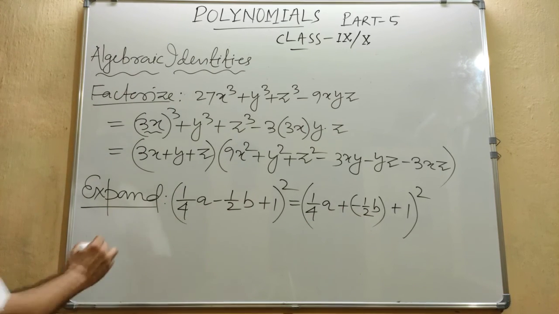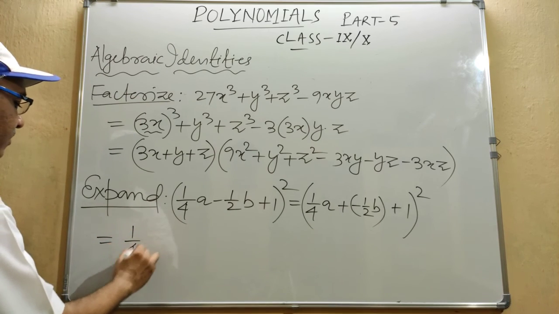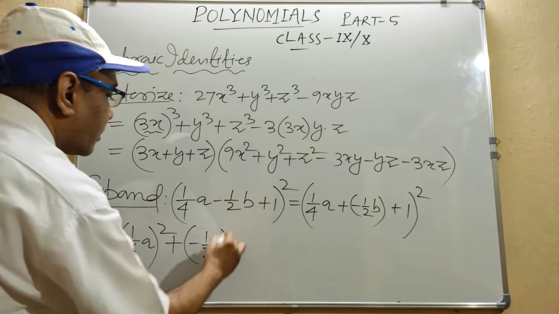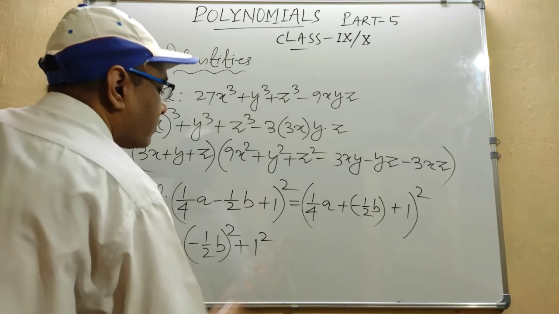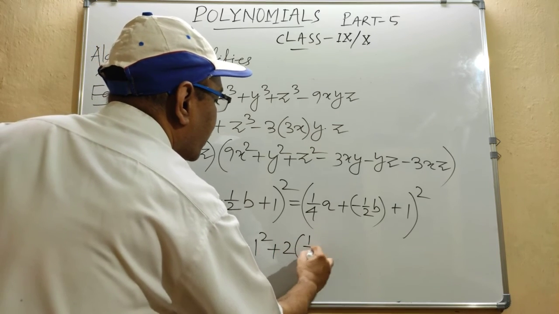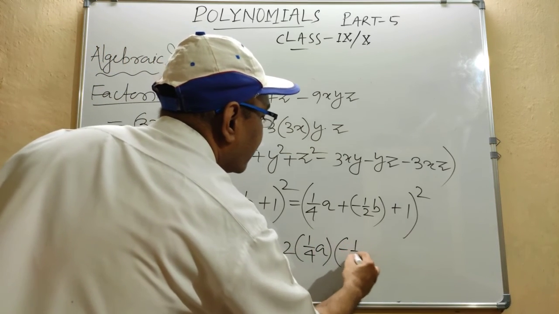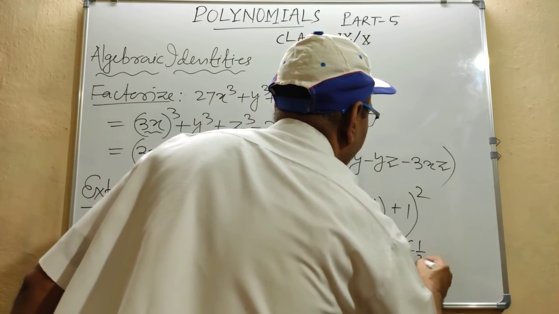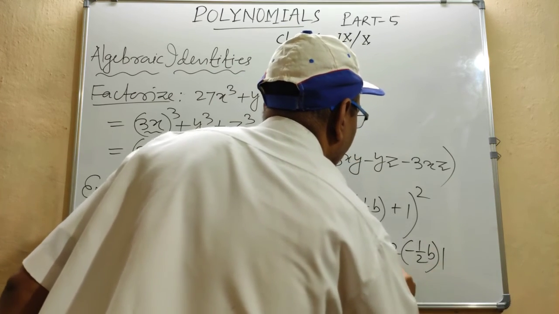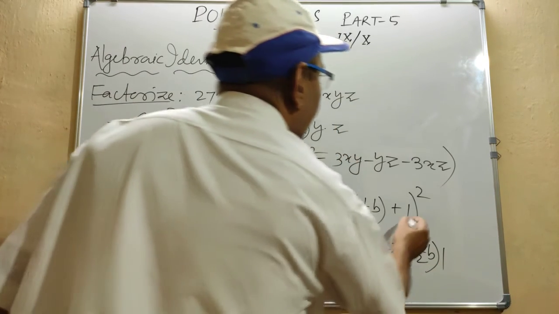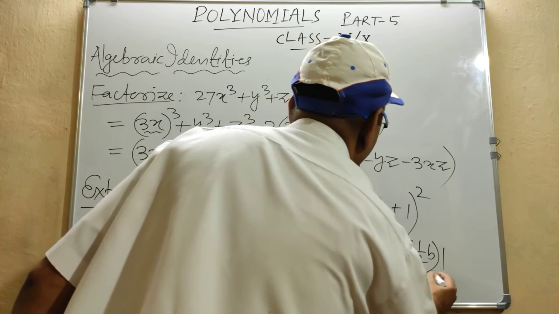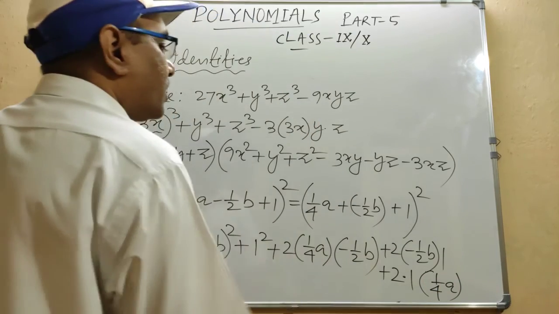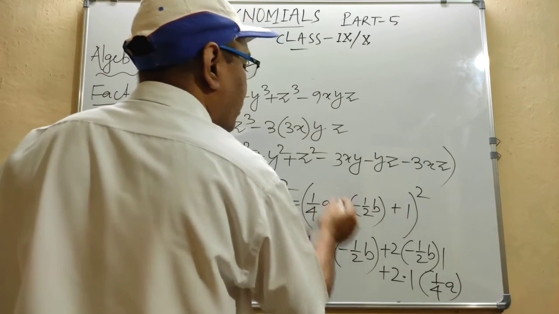So use a plus b plus c whole square. a square, this is a square, plus b square, this is b its square, plus c square plus 2ab, 2 into a into b, देखिए ये हो गया 2ab प्लस 2bc, b के जगह पर है इतना और c के जगह पर है 1, प्लस 2ca, ca मीन्स चलिए c हो गया 1 एंड a है माइनस 1 by 4, minus not 1 by 4a, 2ca, c means 1, a means 1 by 4a.